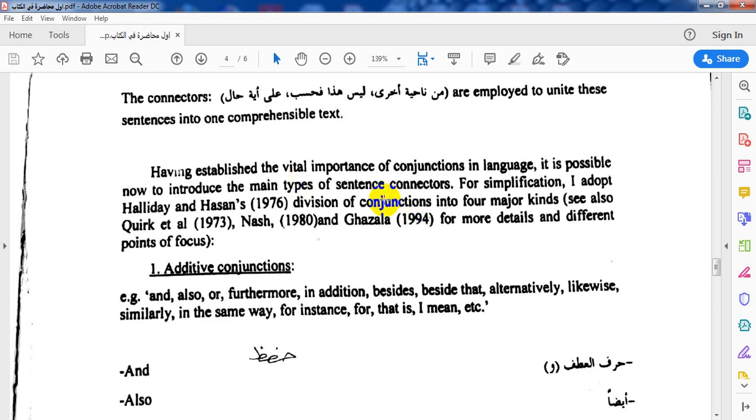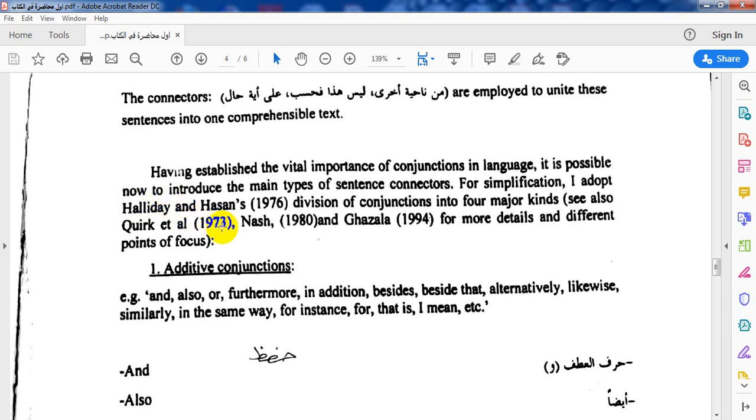And the author of this book adopted Halliday and Hasan's division. Those are two authors of a well-known book in English.